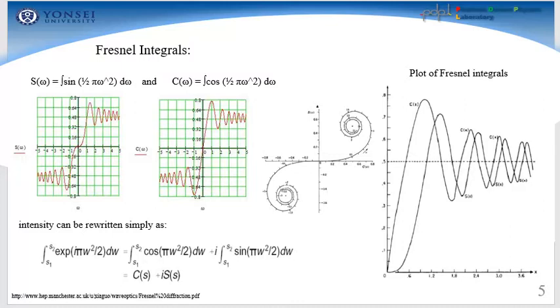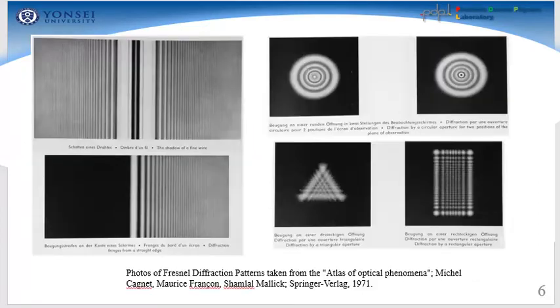The right side is a plot of the Fresnel integral, in which C and S are shown. These are different diffraction patterns of Fresnel diffraction, for a wire, straight edge, circular, rectangular, and triangular apertures.